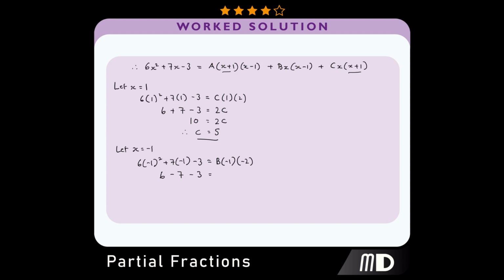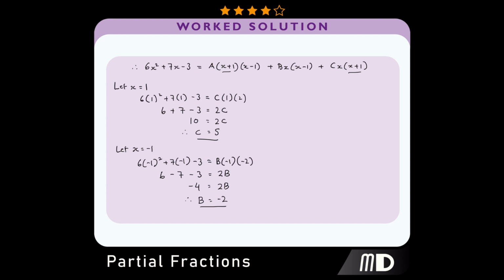Minus 3 is equal to 2b, because minus 1 multiplied by minus 2 is a positive 2. 6 minus 7 minus 3 is minus 4, which is equal to 2b. Therefore, b is minus 2. So we've found the value of c, and we've found the value of b.